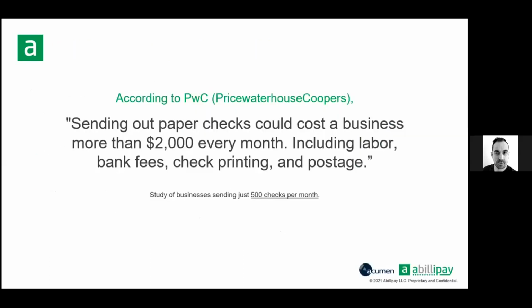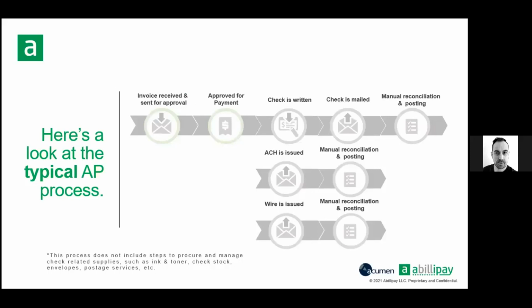And just a stat on businesses doing about 500 checks a month, we find that, at least according to PwC, they're spending about $2,000 a month just processing those 500 checks all in. That obviously doesn't take into account larger scale businesses. It doesn't take into account fraud or things like that. And then of course, there's also the opportunity for revenue generation, but at least it's a baseline.